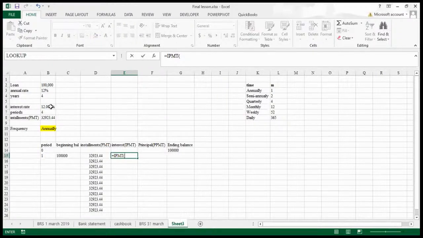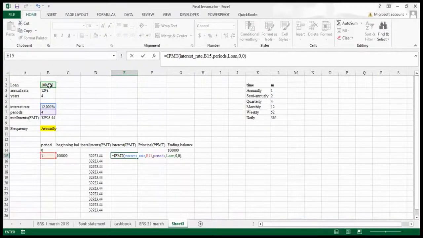It is the interest rate here, comma, period, it is period 1, comma, number of periods is periods here, comma, present value is the loan amount, comma, future value we said is 0, comma, we are going to do this payment at the end of the period, so it is 0. That is my function. Before I put the bracket and enter, that is what I have.